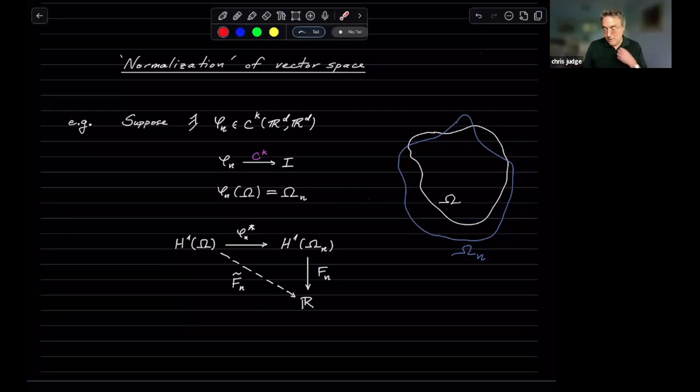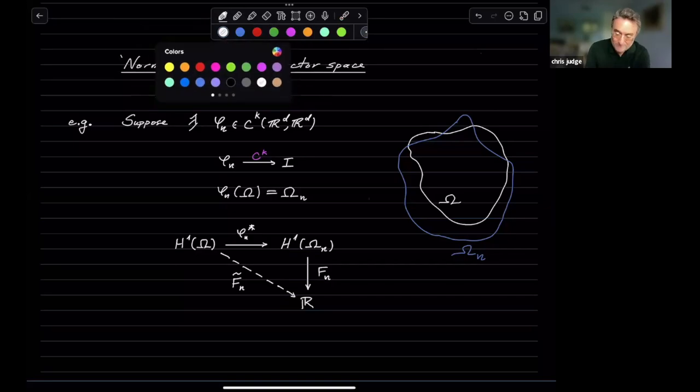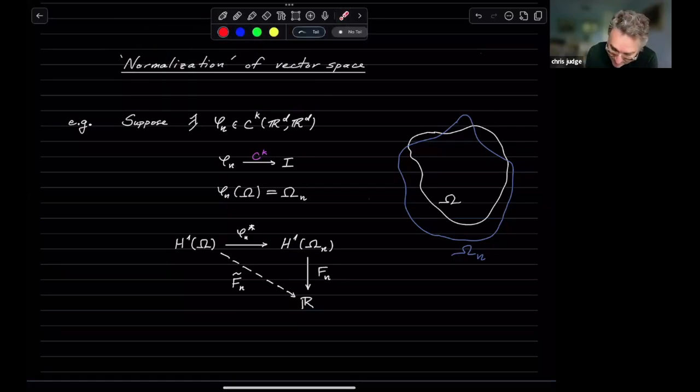Remember, I was thinking of the Rayleigh quotient, calling it F_n for some family of domains Omega_n, assuming Omega_n is converging to Omega. In particular, the domains of these Rayleigh quotients are not normalized. It's changing as n changes.